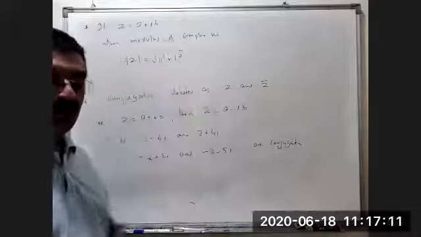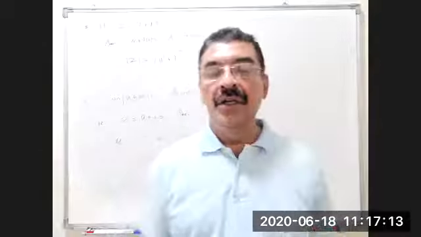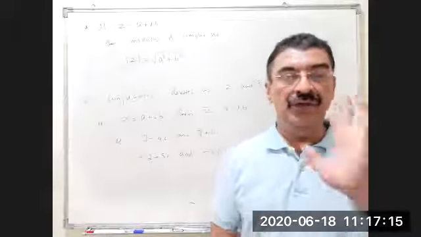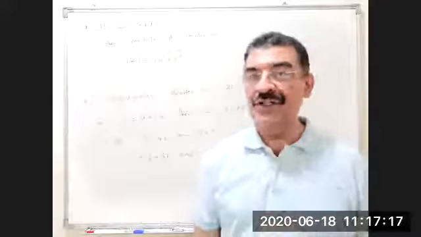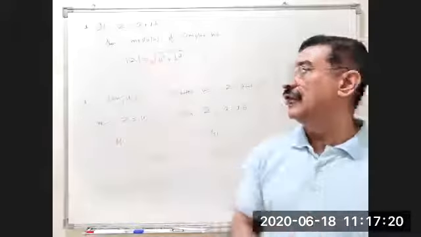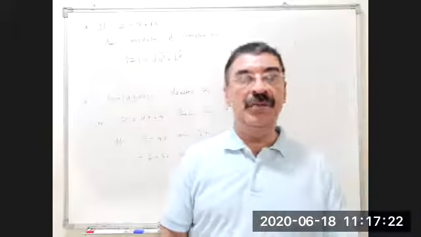Another definition. So remember this definition: modulus of a complex number, conjugate of a complex number. The modulus of a complex number is root of a square plus b square.